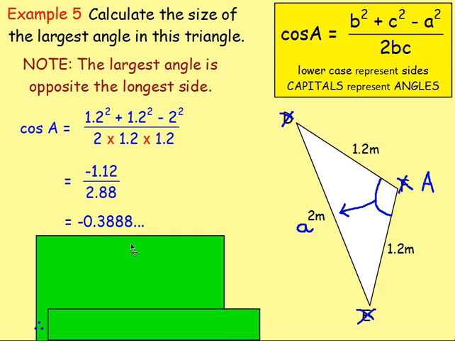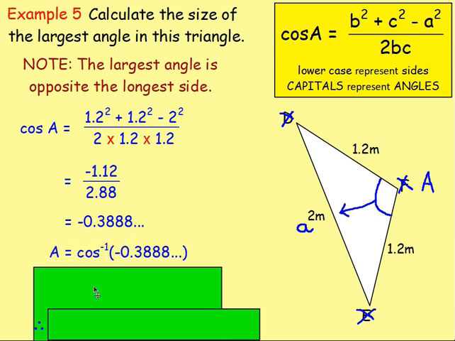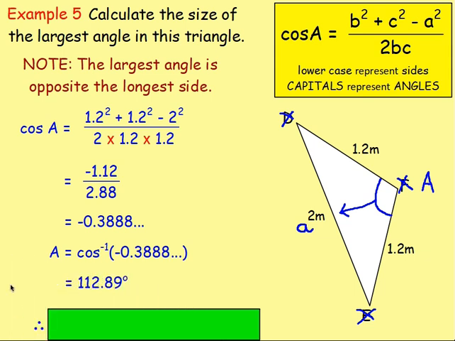You could either do cos to the negative 1 of the positive 0.3888 and so on. For this though, you would have to then take it away from 180 degrees, or you could just go straight into cos to the negative 1 of that negative answer. If you do that, it is an obtuse angle you will end up with. If you missed out the negative, you would end up with 67.11.